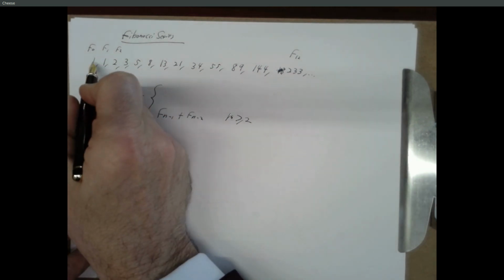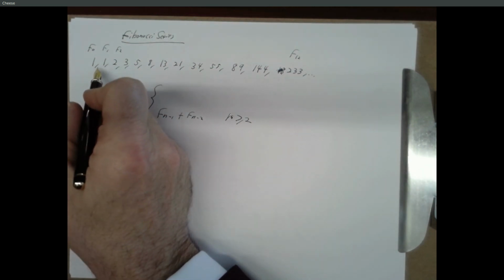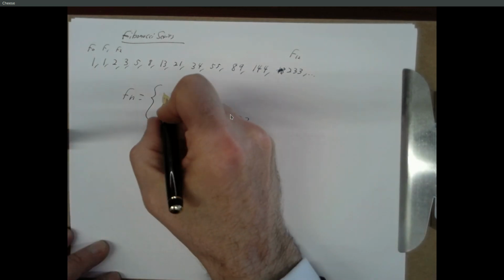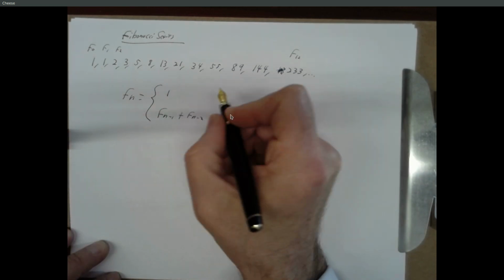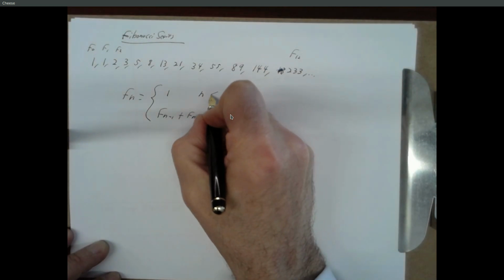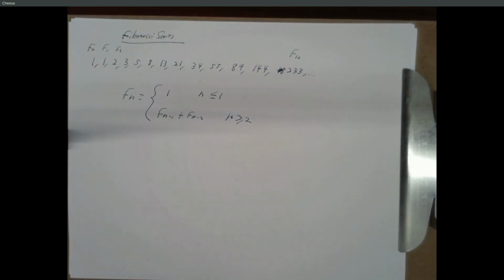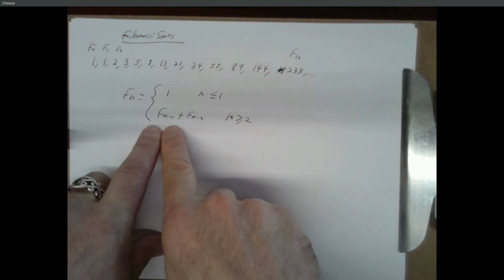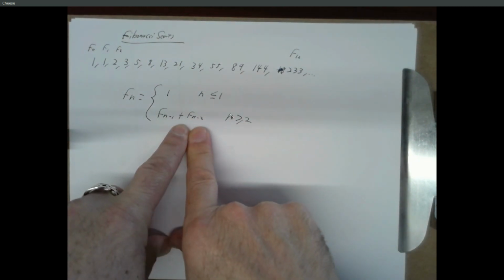But for the 0th or first Fibonacci number, we don't have two numbers before that we can add, so we define f(n) to be 1 if n is less than or equal to 1. So f0 is 1, f1 is 1, f2 will be f1 plus f0, f5 will be f4 plus f3, and so on.